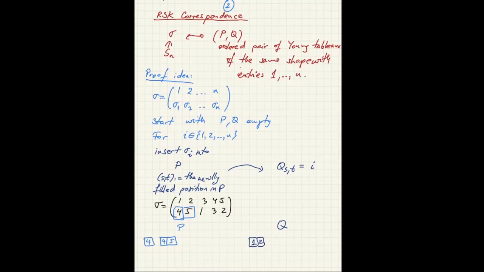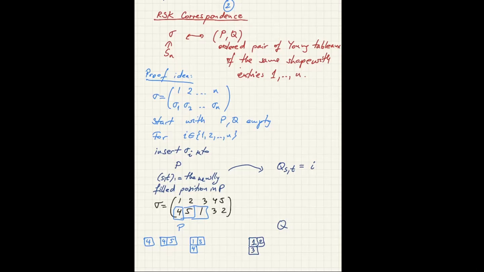Now the next element is going to be 1, and now we have this bumping happening. So when 1 comes along, 1 bumps 4 from the first row, and that 4 goes on the second row here. For our tableau on the right, the 3 goes in the same position.